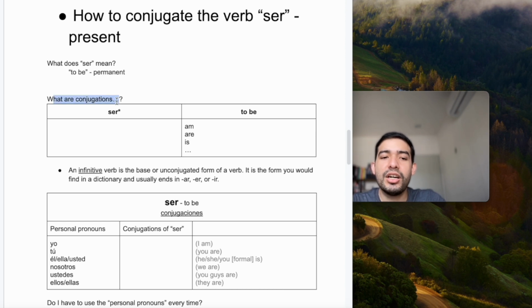Now, what are conjugations? I kinda answered this already. The conjugation is every form that's different from the base form or the infinitive form, right? Now, in English, you do use conjugations, right? I chose the verb to be because this is the one that's the most obvious, the one that changes the most, let's say, because you don't say I to be, you to be.